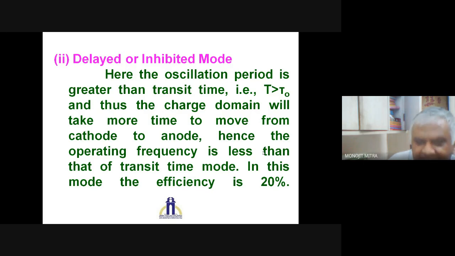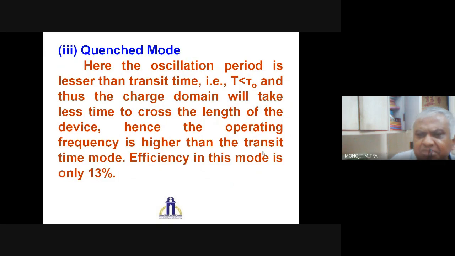Now another mode is called the quench mode. Quench mode means the domain is suppressed. That means it apparently looks like the width of the N layer has reduced, so maybe the velocity will be a little bit higher than the saturation. Here the oscillation period is lesser because the velocity of the charge carrier will be a little bit higher, though we have considered nearly the saturation velocity.